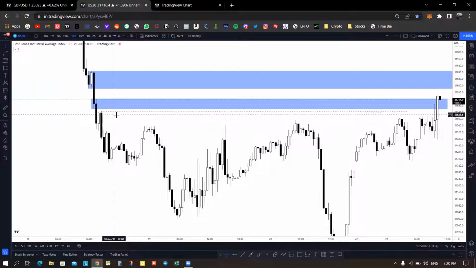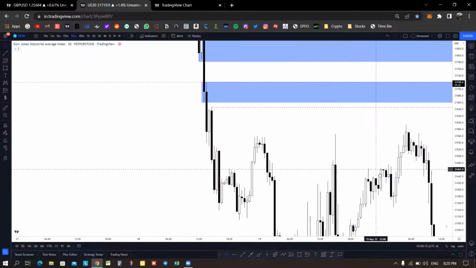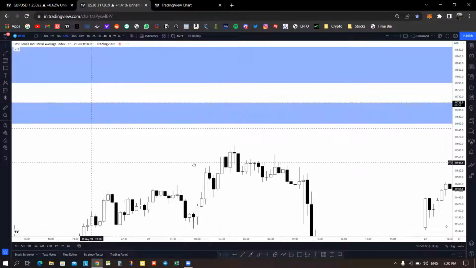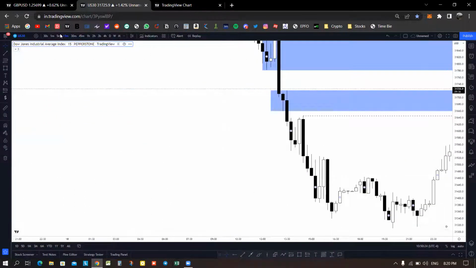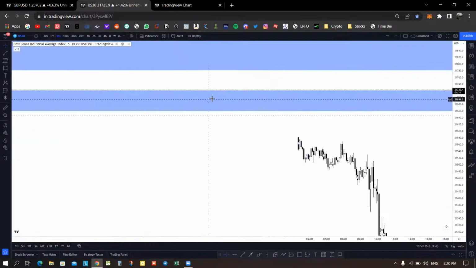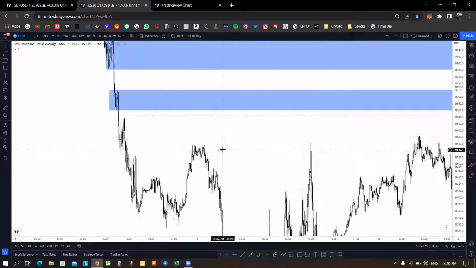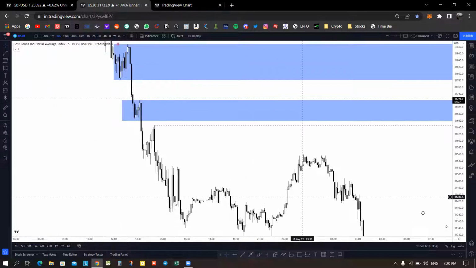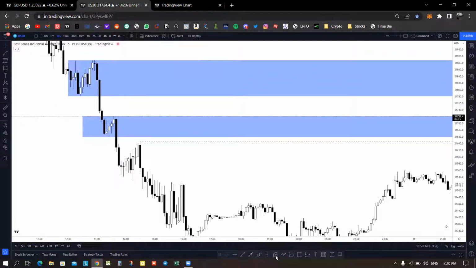I marked this zone as my point of interest because this kind of candle can be a strong supply or demand zone. Okay, you can go and refine the zones to find some sort of candle with a fair value gap as your point of interest if you want to refine here.